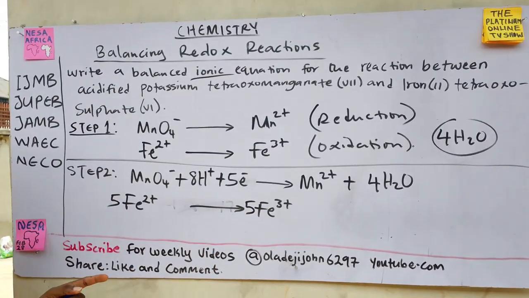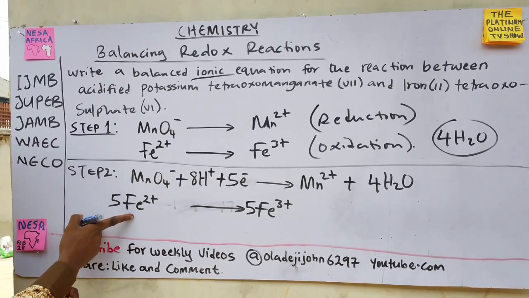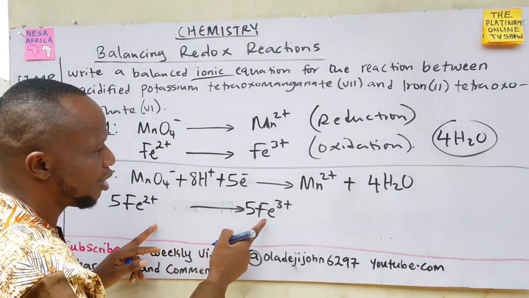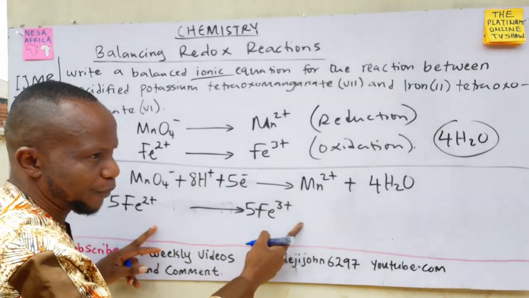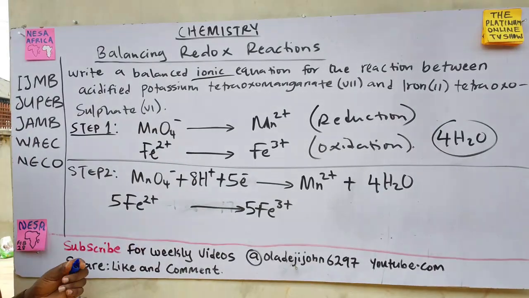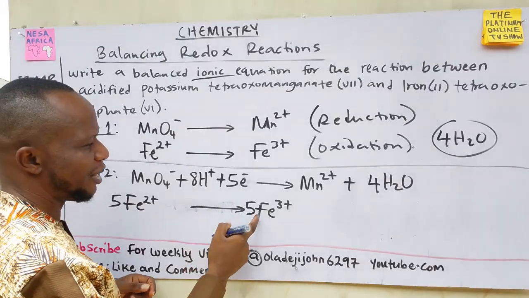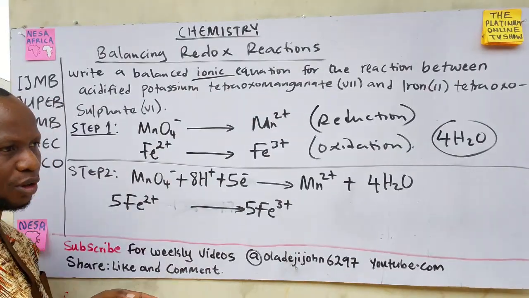So to balance the iron, we have 5 atoms of Fe²⁺ and 5 atoms of Fe³⁺. But are the charges balanced? 2 times 5 is 10, and 5 times 3 is 15, so it is not balanced.